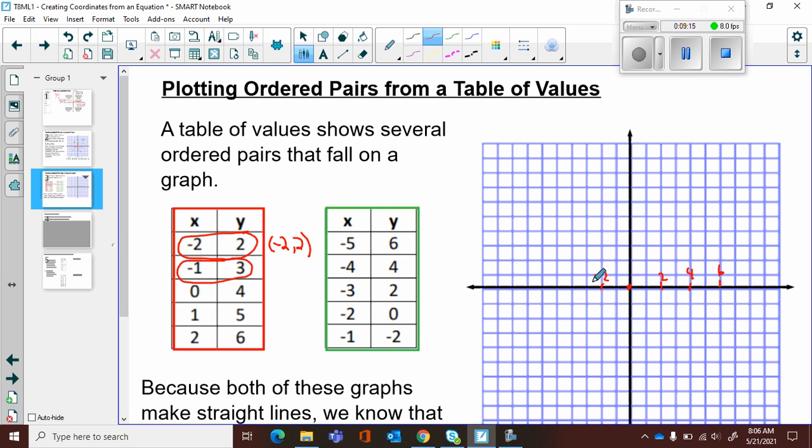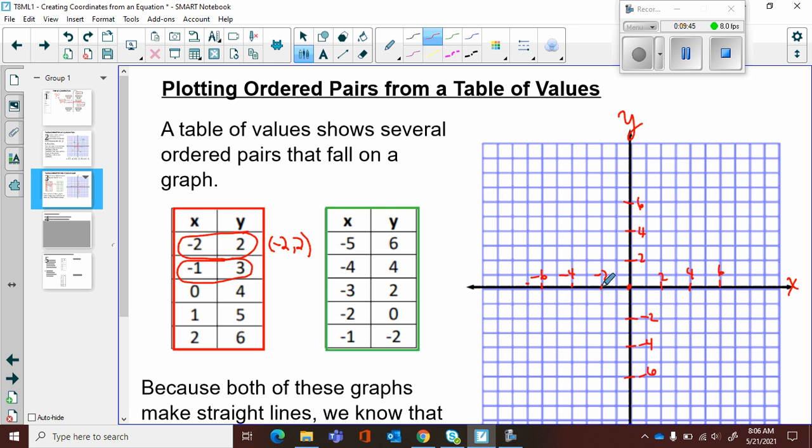And then I'll go -2, -4, -6. And then going up on my y, I've got 2, 4, 6. Going down, I've got -2, -4, -6. And it's always a good idea to label your x and y axis. There's y, here's x.